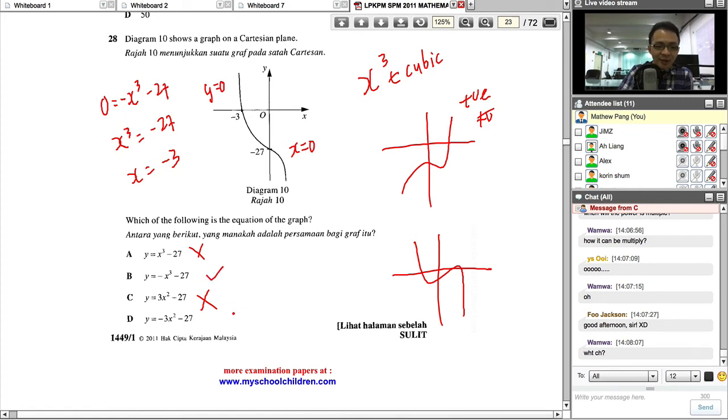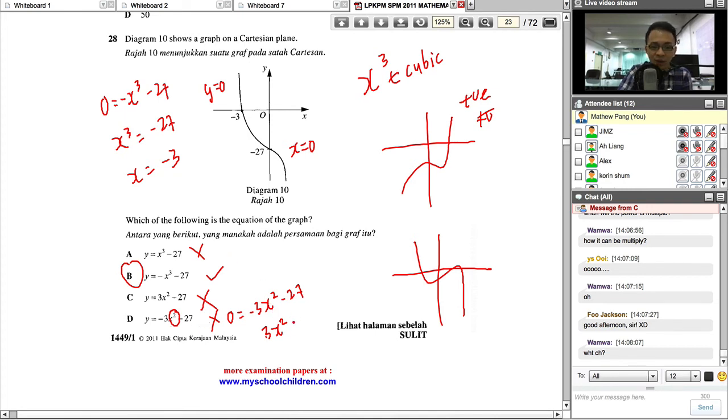Let's try the last one, D. 0 equals negative 3x squared minus 27. Oh, this one is wrong already because it's power 2. This one must be power of 3. So the answer is B.